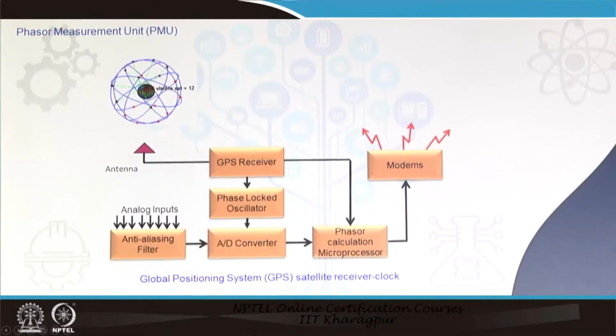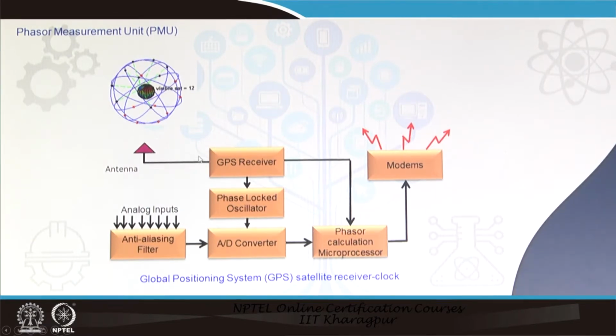As you know, in our lectures we have seen that a PMU is an intelligent electronic device like any numerical relay, which has the additional feature of time information from the GPS. For that we have this GPS antenna, which provides atomic clock based time information from the satellite.